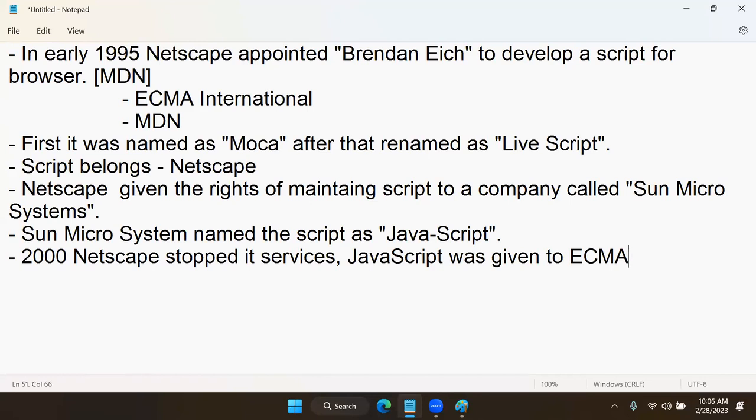That means they didn't give JavaScript to Sun Microsystems. Sun Microsystems was just maintaining it. Then they gave JavaScript to ECMA. When they gave JavaScript to ECMA, ECMA started maintaining this JavaScript.